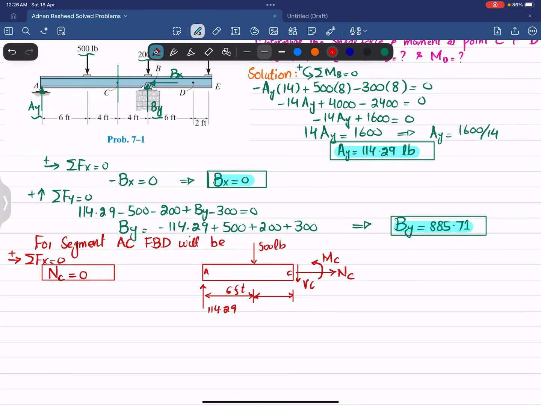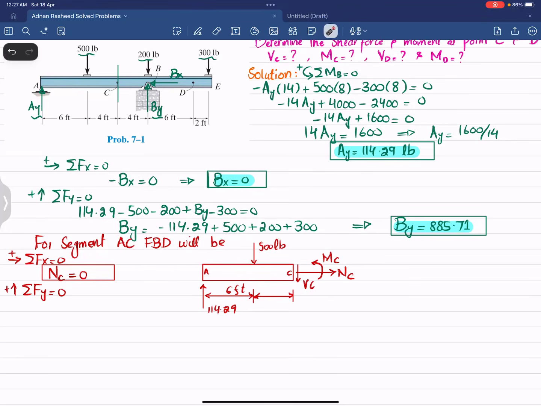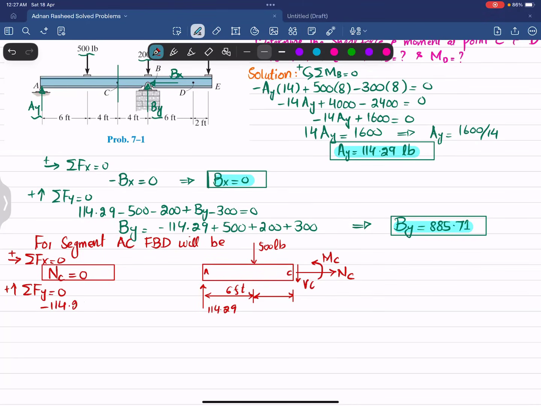Now we'll find VC by using the second equation of equilibrium: the sum of all forces along the y direction must be equal to 0, with upward force taken as positive. So the vertical forces are 114.29, which is plus because it is upward, minus 500 minus VC is equal to 0.